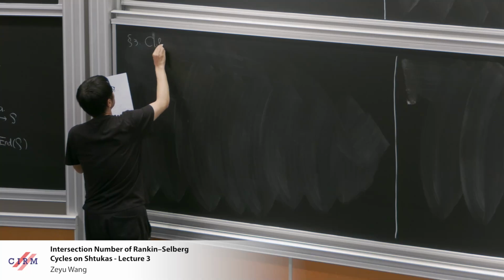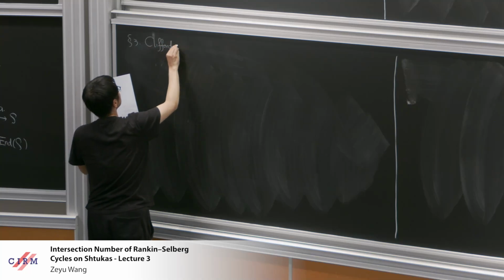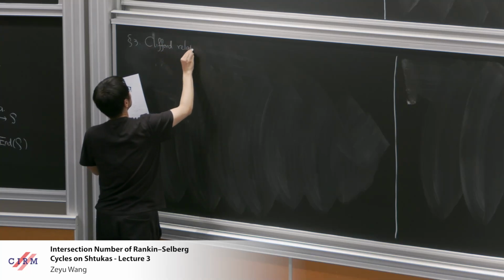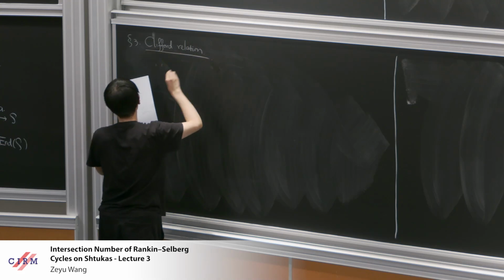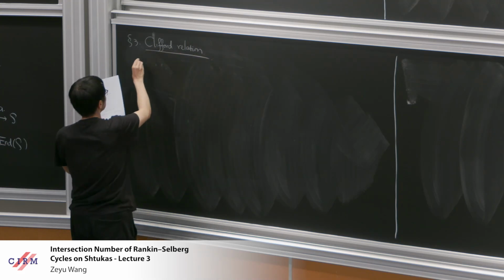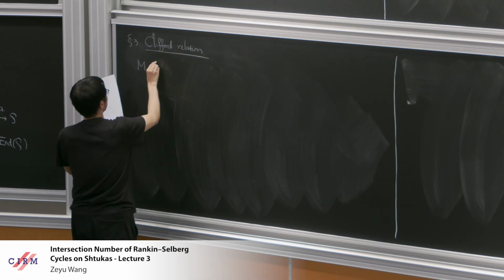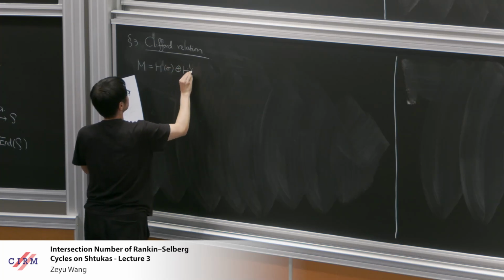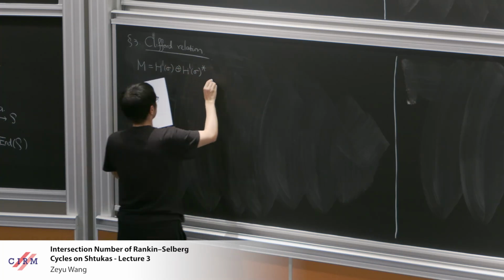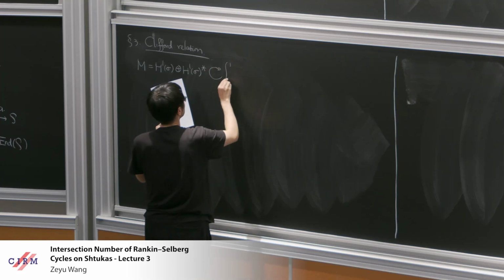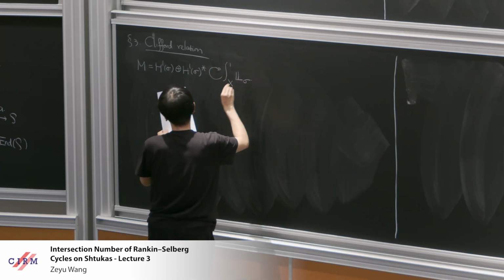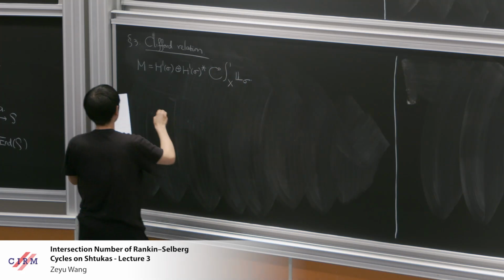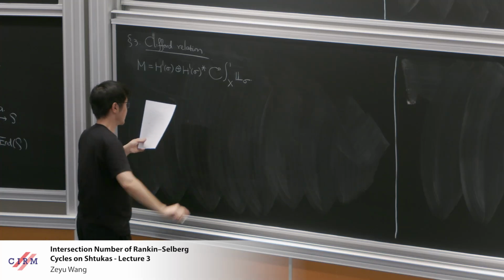Okay, so it's this Clifford relation. Recall that your M is H1 of sigma direct sum its dual, and it acts on this period integral, and you want to show that relation there.